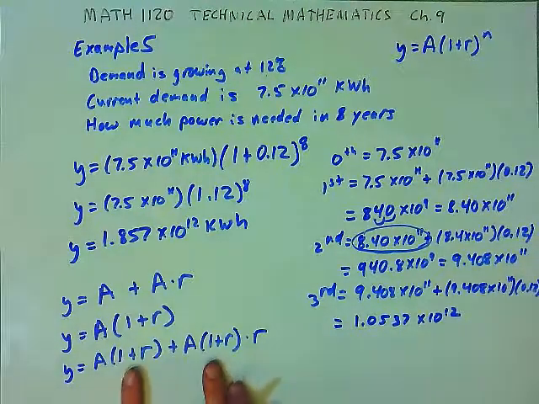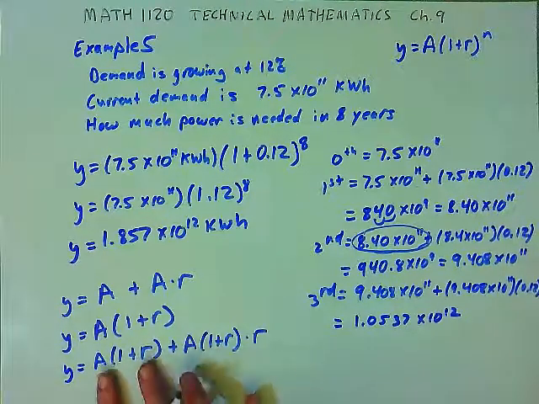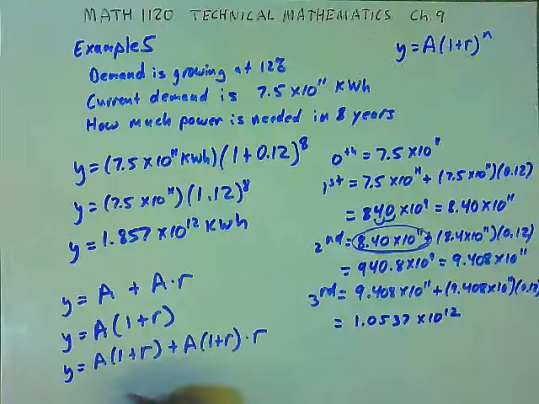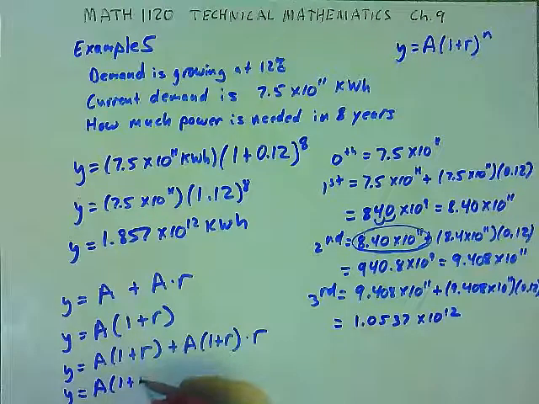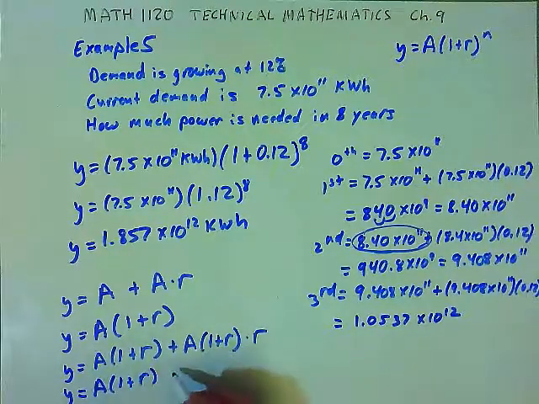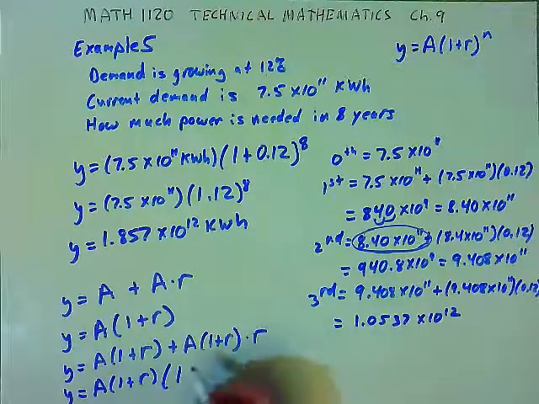And so here I have a similar situation. The A times 1 plus R is in each term, and that will factor out. And so we'll get Y equals A times 1 plus R, that factors out, and what I'm left with is 1 plus R.